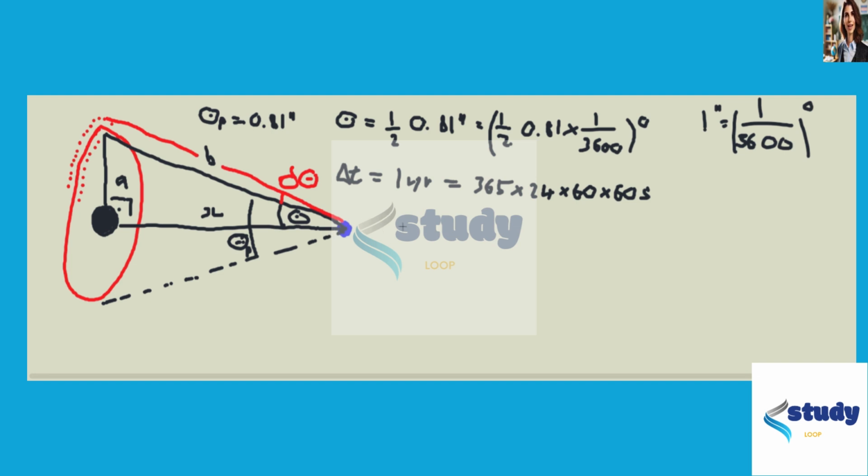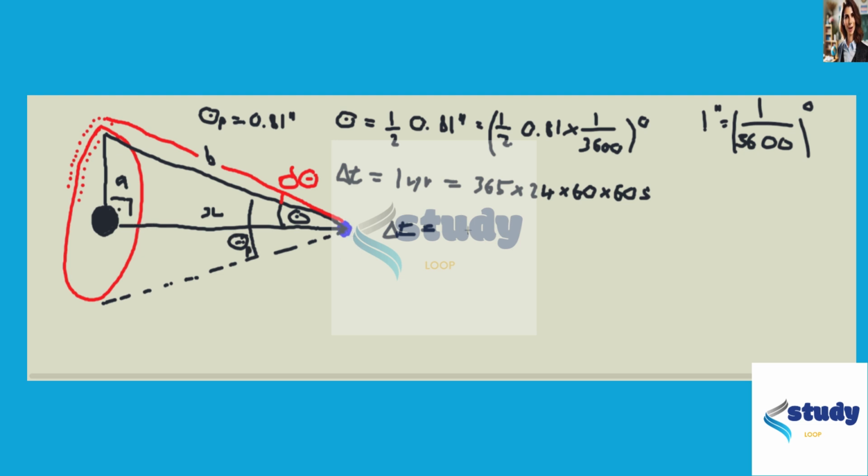So this delta t is actually going to be the difference between the times of light traveling along the straight line and the light traveling along the path AB to Earth.